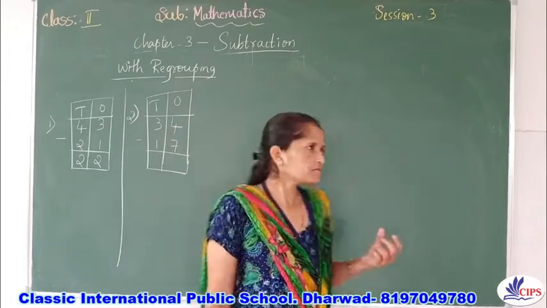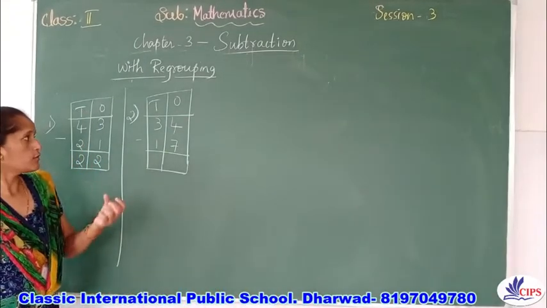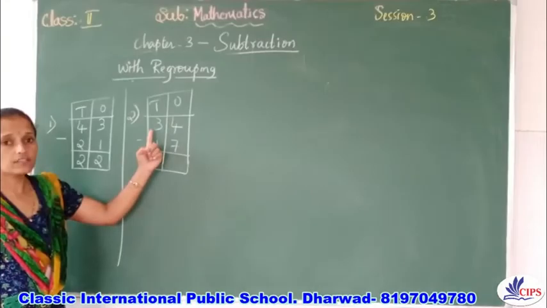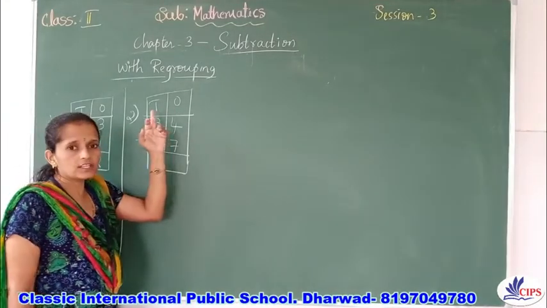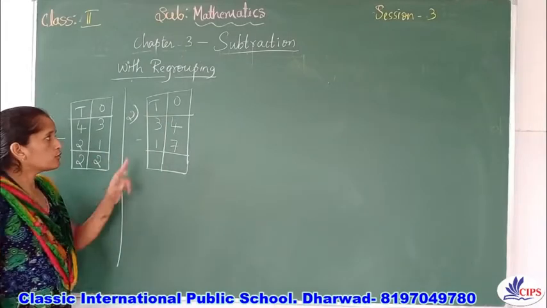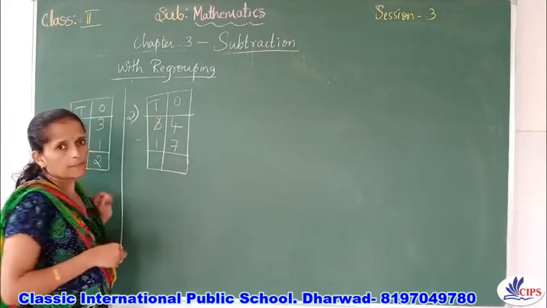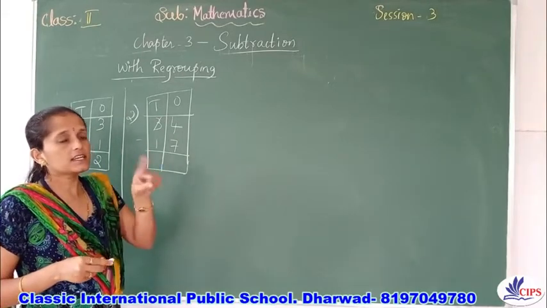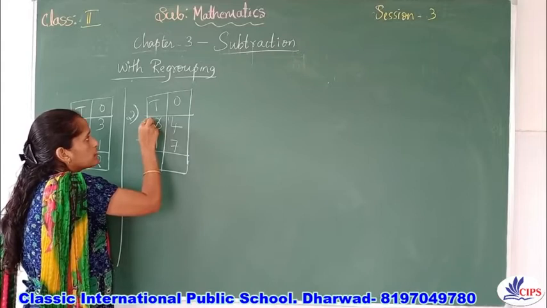That time we need to take help, which means borrow from the tens place, because after the ones place we have only the tens place. From 3 I am crossing out 3 and taking 1 here. If I take 1, 2 remains.